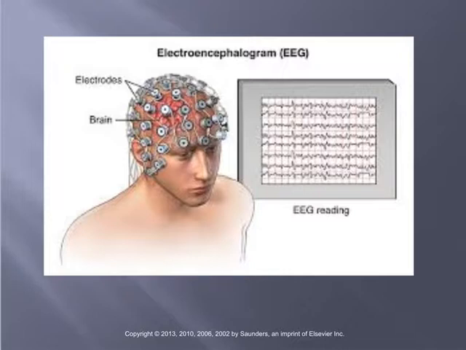A common intervention is that we will have the patients take deep breaths, and that causes hyperventilation. Hyperventilation causes cerebral vasoconstriction, and it increases the likelihood of seizure activity. That's something the doctor wants to happen if the patient has epilepsy, to look at what type of seizure activity the patient experiences during a seizure. That can tell us strategic medications that might be more appropriate based on one type of seizure versus another.